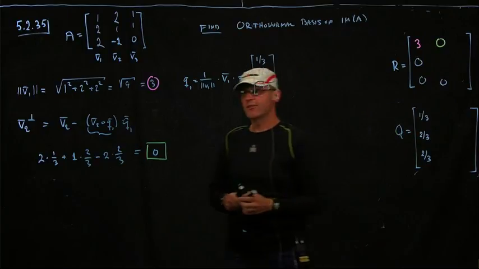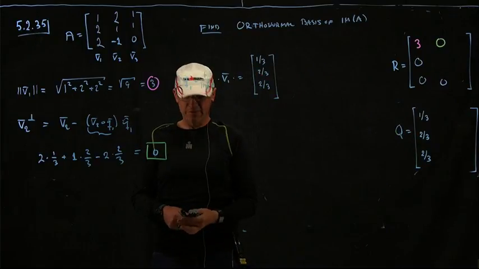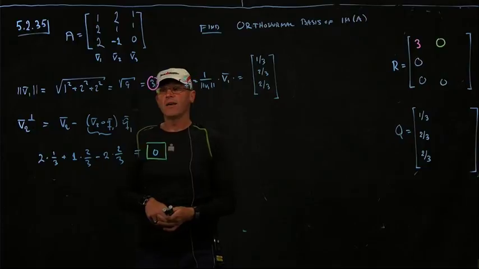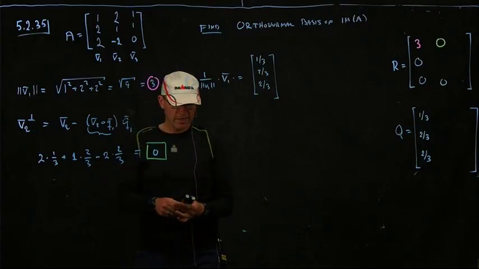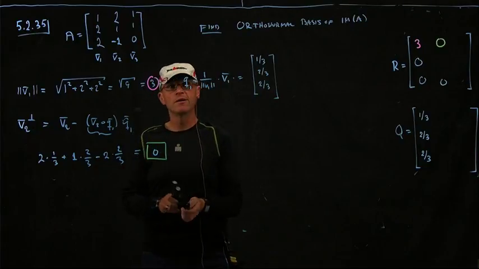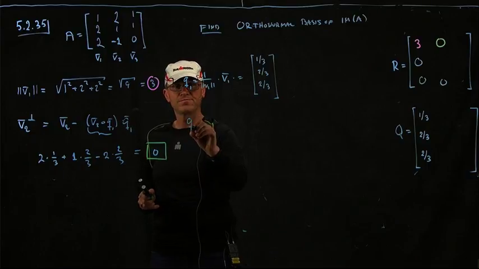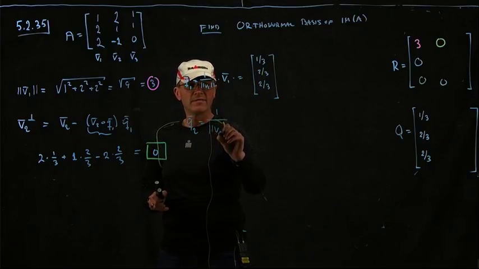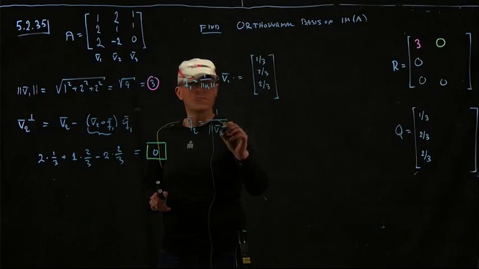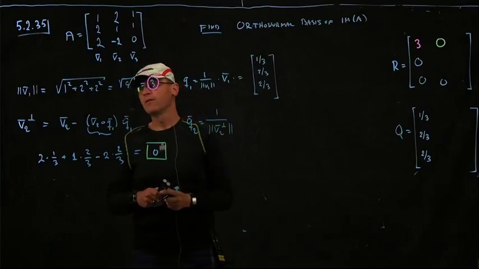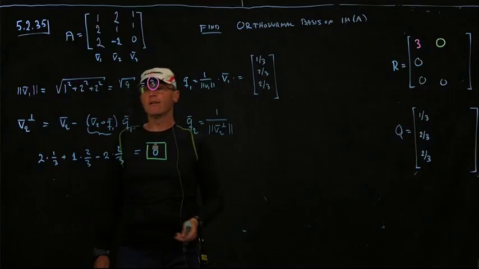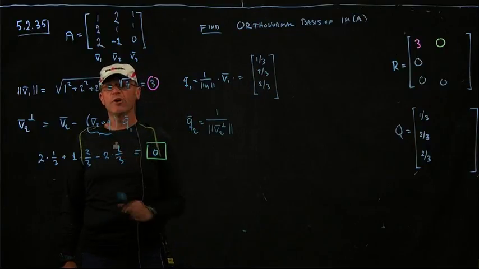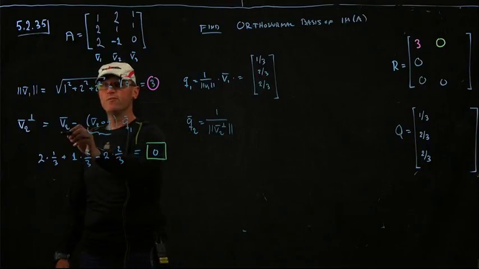So we get a 0, which makes our life a little easier. Then all we have to do to get Q2 is to take the length of V2 perp, and since this dot product was 0, that is just V2.